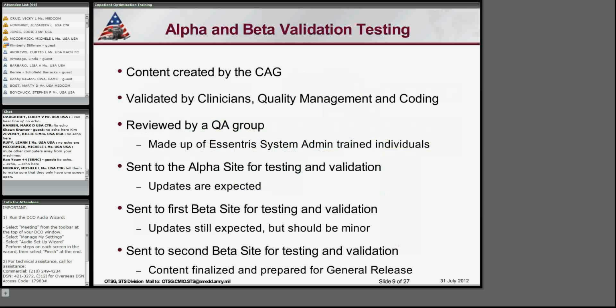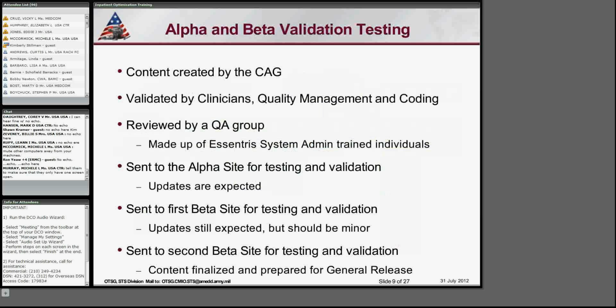So at this time, unless you're an alpha or a beta site, you do not have any of the standard content except for the chaplain content. There's two chaplain notes. One is called chaplain assessment and note, and the other is called chaplain narrative. So those are the only two standard notes that your facilities would have at this point.